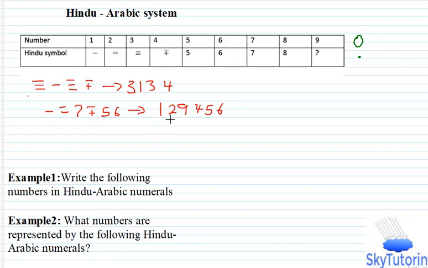So that will be 129,456. That is how that will be represented in the Hindu-Arabic system.